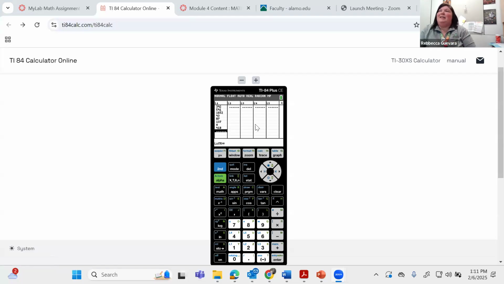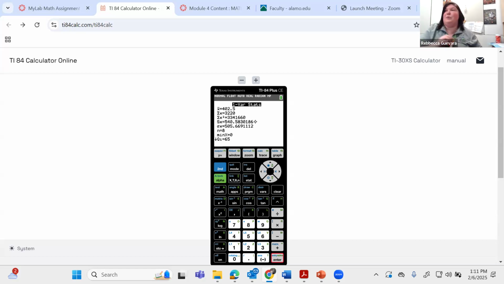Okay, so add that data in here. If we just go to stats, go over to calculate one-variable statistics, I'm going to make sure I have list 1 in there still. We see here that with a sample, we're going to use this one right here. That would be my sample.